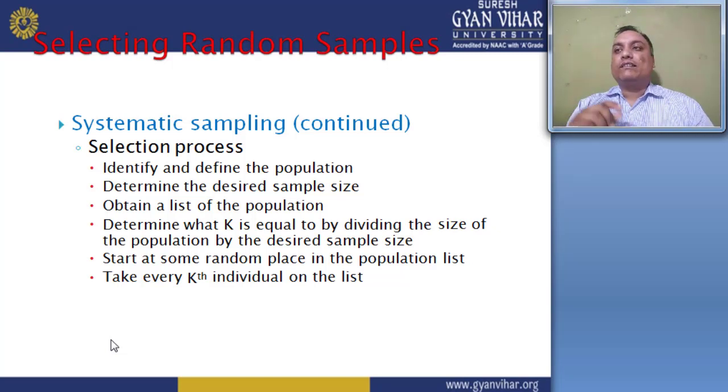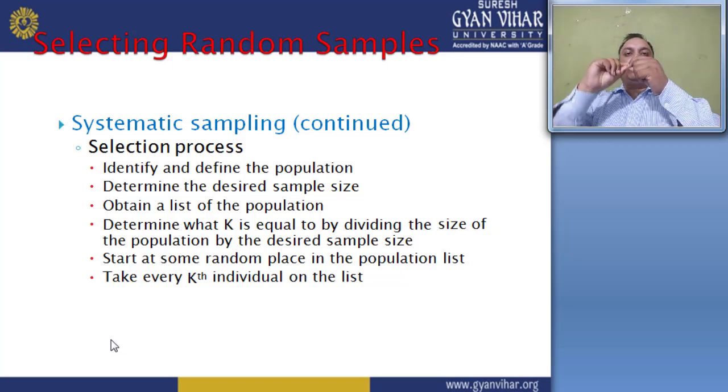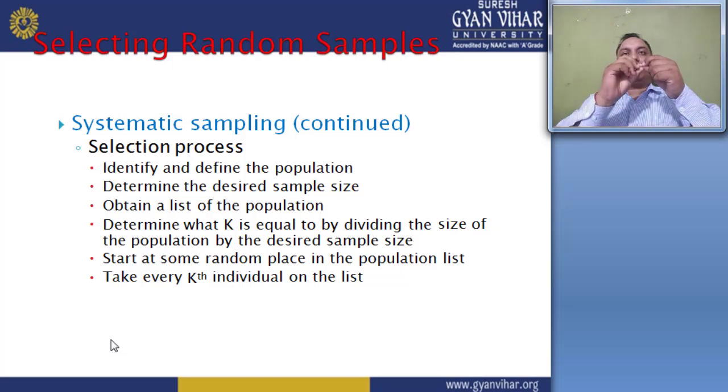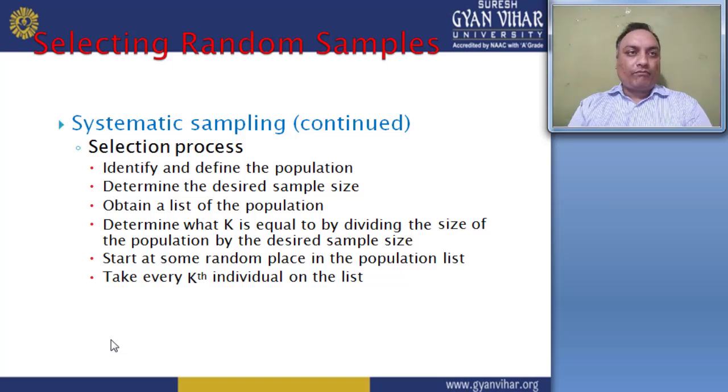In circular systematic sampling, the sampling starts again from the same point. It means you move in a circle, and after some interval you stop at the same point where you started, right?